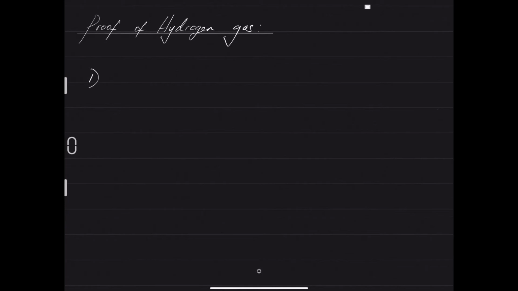An observational proof for hydrogen is that, because it's a gas, bubbles are given off, or bubbles rise through your aqueous solution. And the rising of the bubbles is an observation that hydrogen gas is being given off.